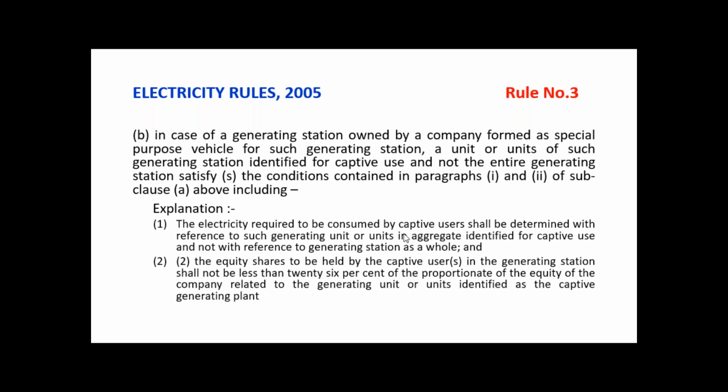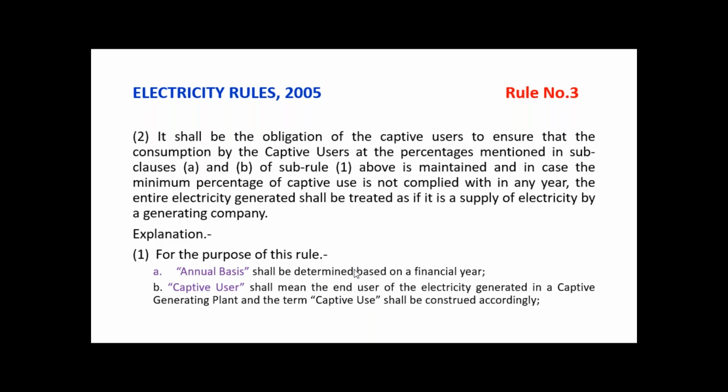The electricity required to be consumed by captive users shall be determined with reference to such generating unit or units in aggregate identified for the captive use, and not with reference to the generation station as a whole. Second condition, the equity shares to be held by the captive users in the generation station shall not be less than 26%. So this is the essential condition in both of the points under rule number 3.